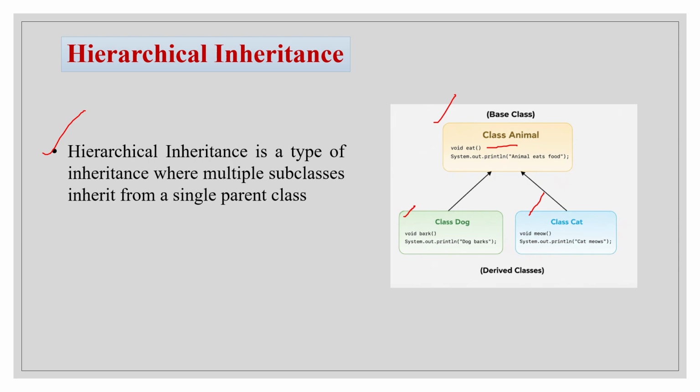And these two child classes inherit from the same parent class called animal class. This is how the hierarchical inheritance concept works, and let's see a simple program after this.